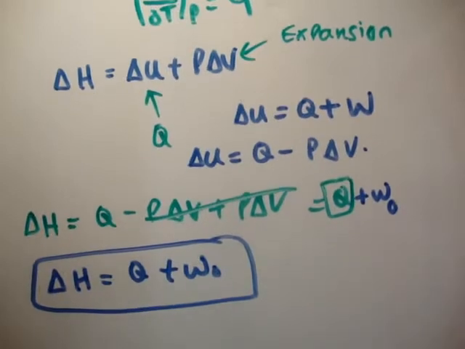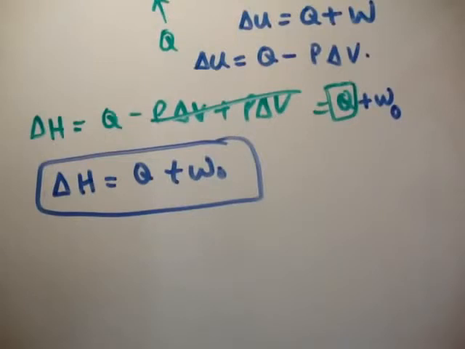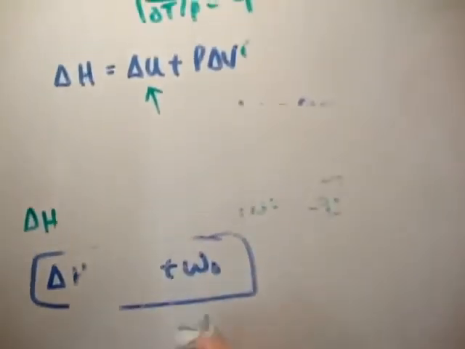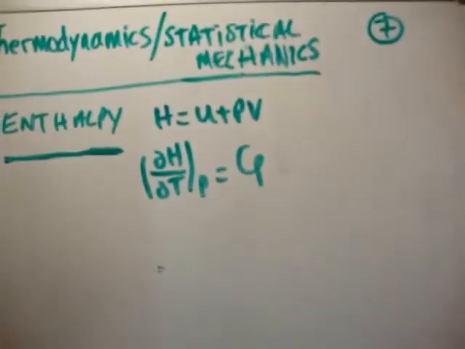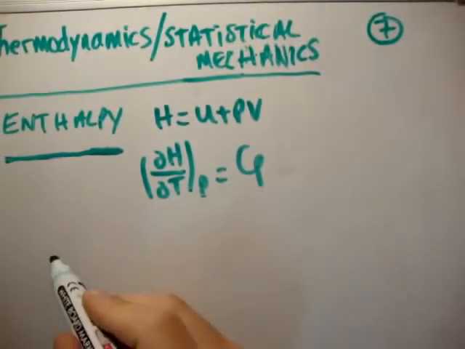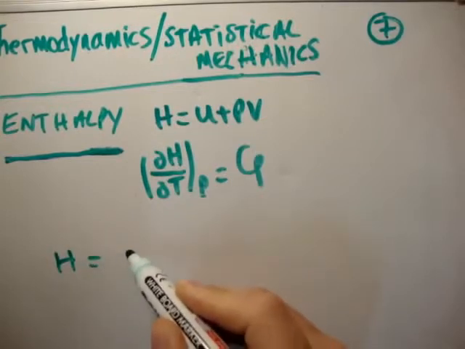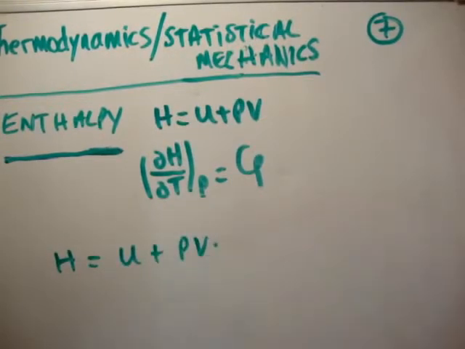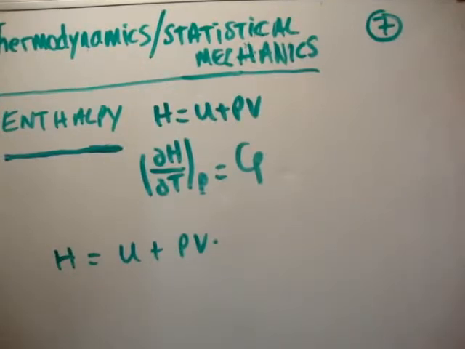Now, the last thing I'm going to talk about is an interesting property. What if I take, actually, just let me clear up my board. Let's go and look once more at the enthalpy. H is equal to U plus PV. What if I get the derivative with respect to T?